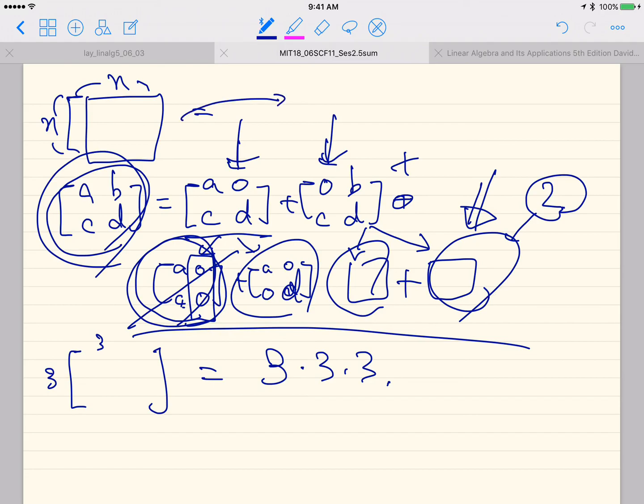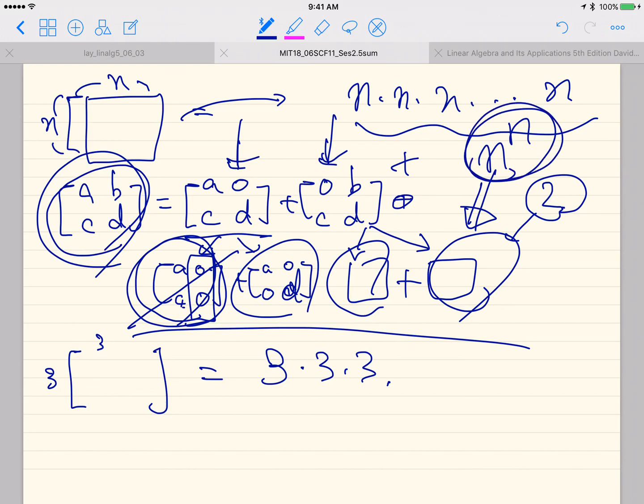So in the case of an n by n, n times n times n, n times. And how many entries do we have? N to the power of n, which is really large, right? But fortunately, which is a good thing, among those, there are matrices where the determinant can trivially be zero.